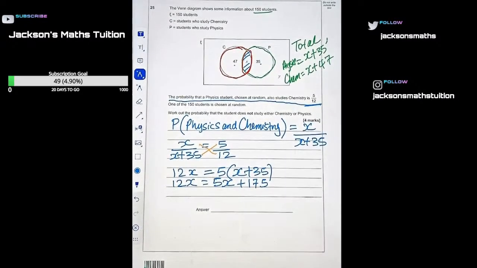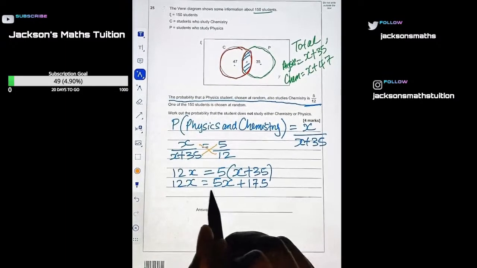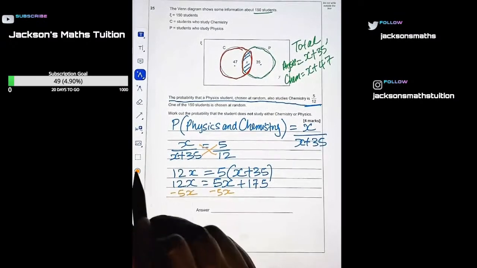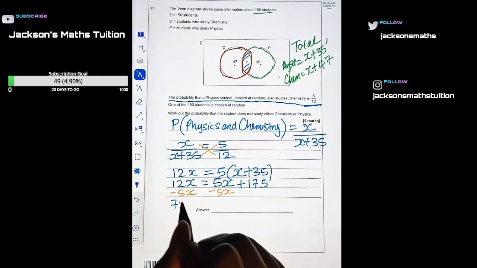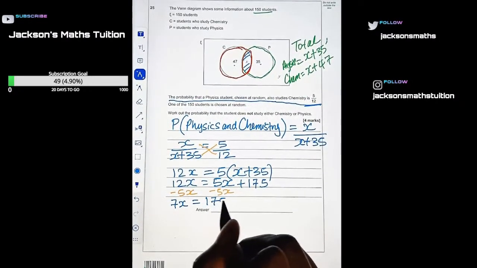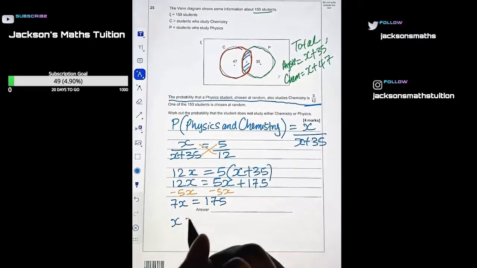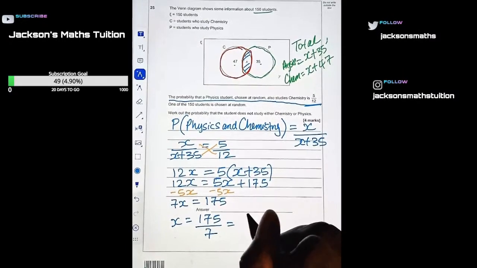Let's solve for X. Minus 5X on both sides. So 7X is equal to 175. Now to get the value of X, you divide both sides by 7, and X is now 25.